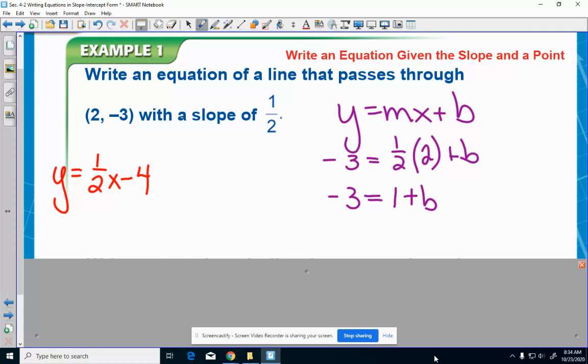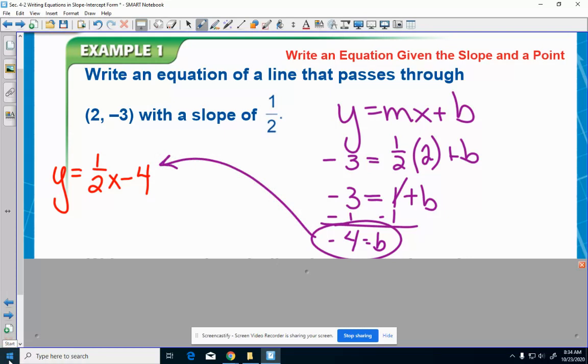Subtract the 1. So if I subtract the 1 from the other side, it would tell me that b is equal to -4. Well, there's b, right? There's m. And so now I've algebraically figured out what those two pieces were without relying on having graph paper, having ordered pairs that fit on the graph, and having a y-intercept that was guaranteed to cross at something I could read.